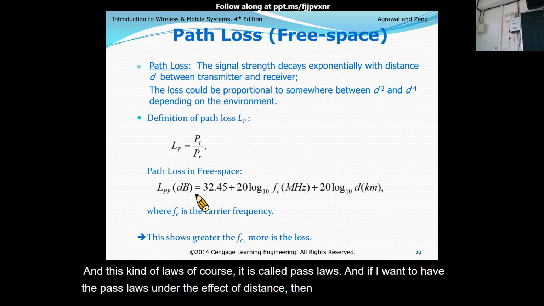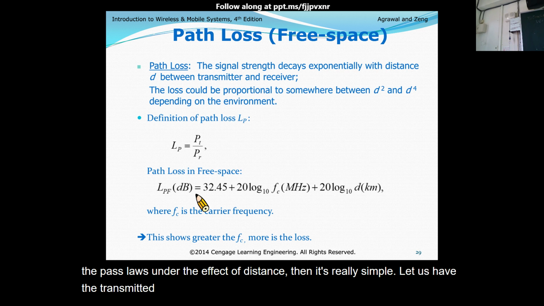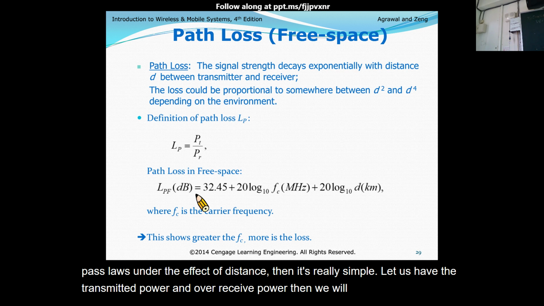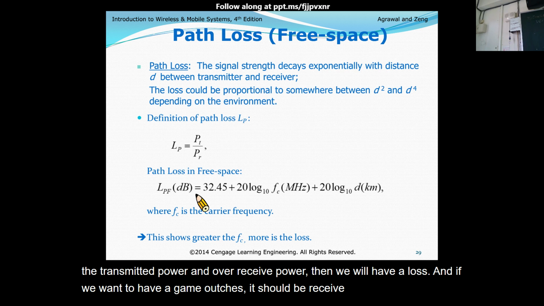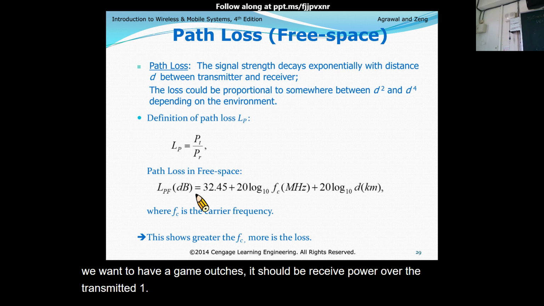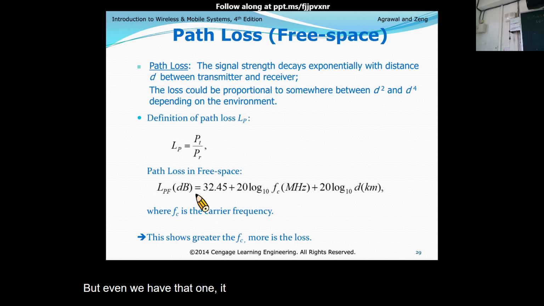Let us have the transmitted power over received power. Then we will have a loss. And if we want to have a gain, actually it should be received power over the transmitted one. But even if we have that, it doesn't mean none of the losses. So therefore, we investigate losses first.